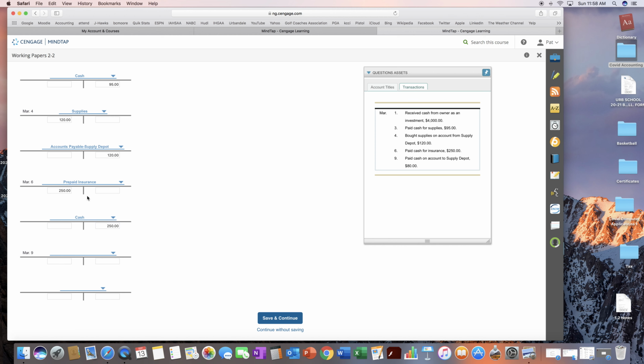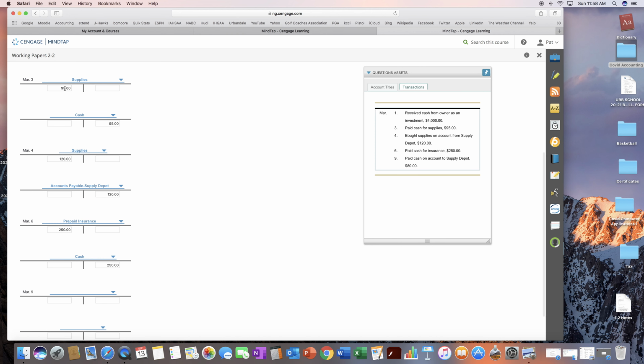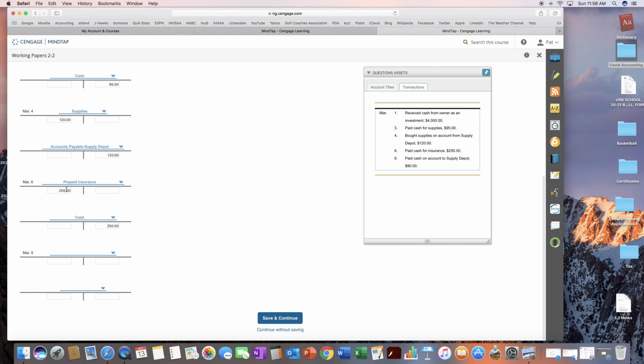We lower an asset. We increase an asset. Just like up here, if you have 2 accounts on the same side of the accounting equation, one goes up, one goes down. So we increase prepaid insurance. It's an asset. We decrease cash. How do you decrease cash? With a credit.